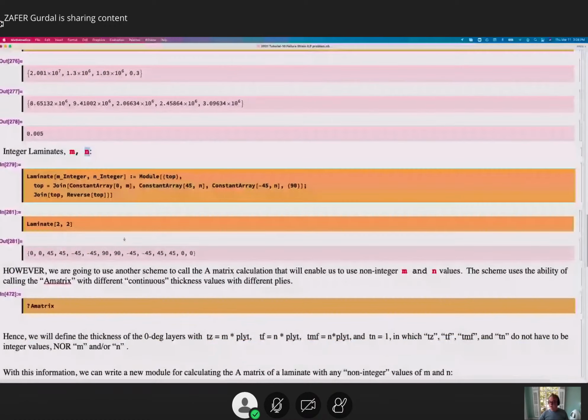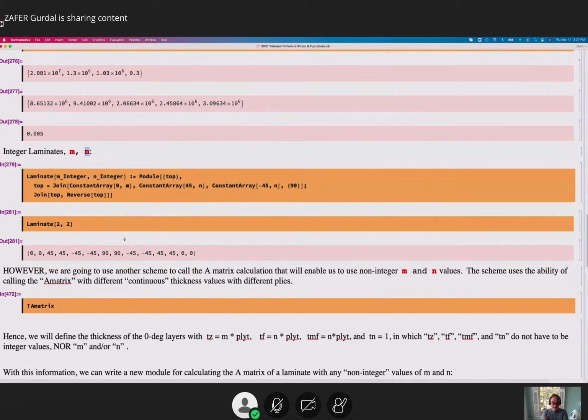But when I'm doing computations, sometimes I benefit from having continuous values because, for example, in sequential linear programming, I may not worry about the number of plies being a non-integer value. If I want to solve a linear programming problem without the integer part, I can actually solve it if I have the capability to treat M and N as real-valued numbers.